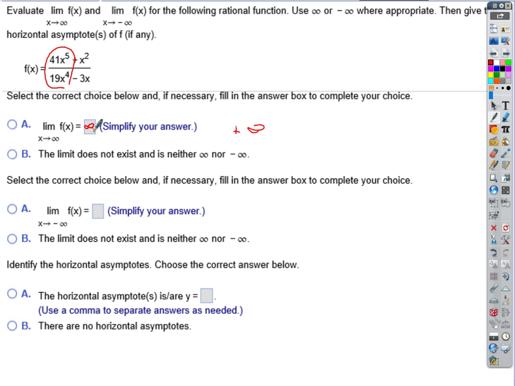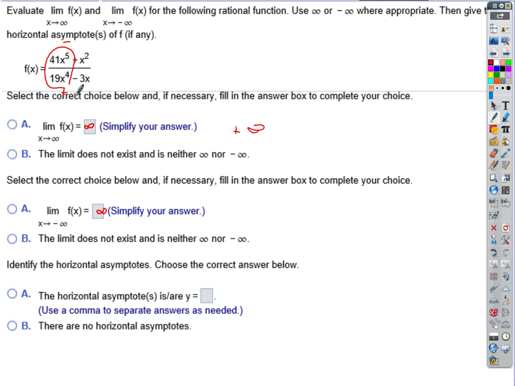What about when x approaches negative infinity? Everybody agree it's going to be negative infinity? I know it's going to be infinite, because if I'm plugging in an infinite number, top is higher degree than the bottom. But what's the sign of the top term going to be? 41 times a negative number to the fifth is negative. 19 times a negative number to the fourth is positive.